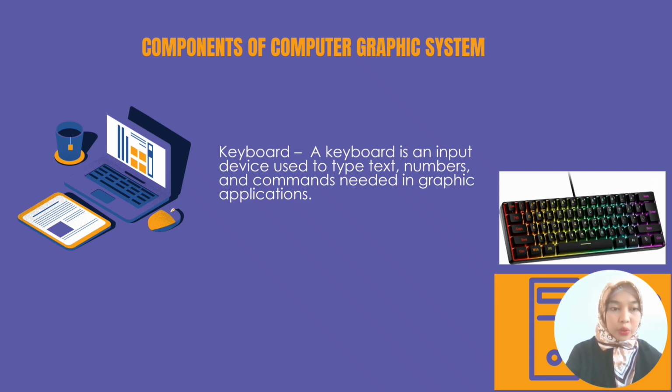It allows users to input labels, adjust settings like numerical values, dimensions, or color codes, execute software commands via shortcuts like Ctrl+A or Ctrl+S, and type instructions that help create or modify visual content. So this is the keyboard, an input device.